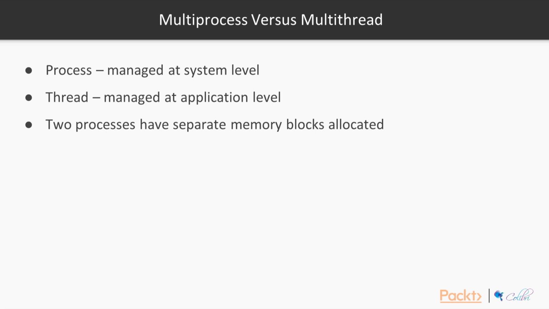However, there is a key difference from a memory perspective. Two threads inside the same application can share memory. All the memory elements, such as variables defined at an application level, are available to all running threads belonging to that application. The memory for processes is completely separate, and by default, two processes do not share any memory.